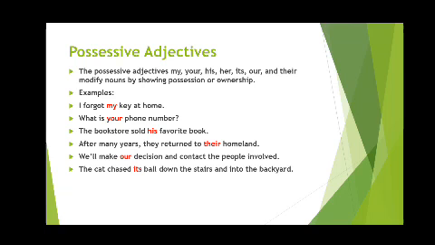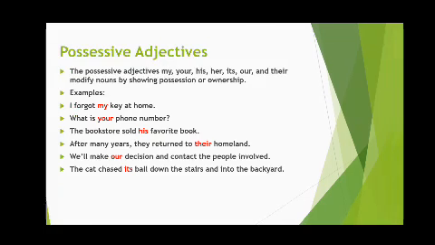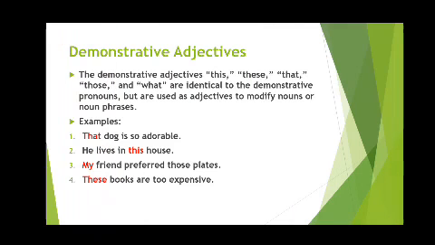So the possessive adjectives are highlighted in red, and as I mentioned earlier, in order to understand the distinction between a possessive adjective and a pronoun, you need to refer back to the pronoun lectures that were part of this series. So after possessive adjectives, we have the demonstrative adjectives.